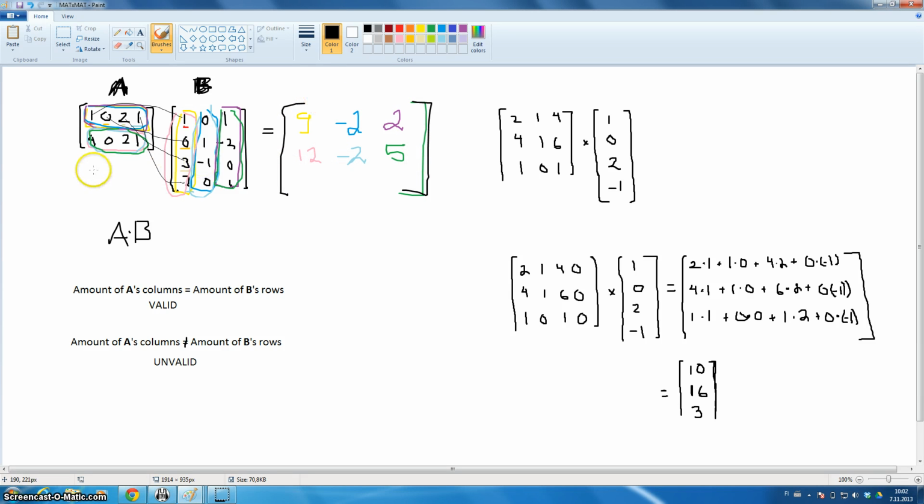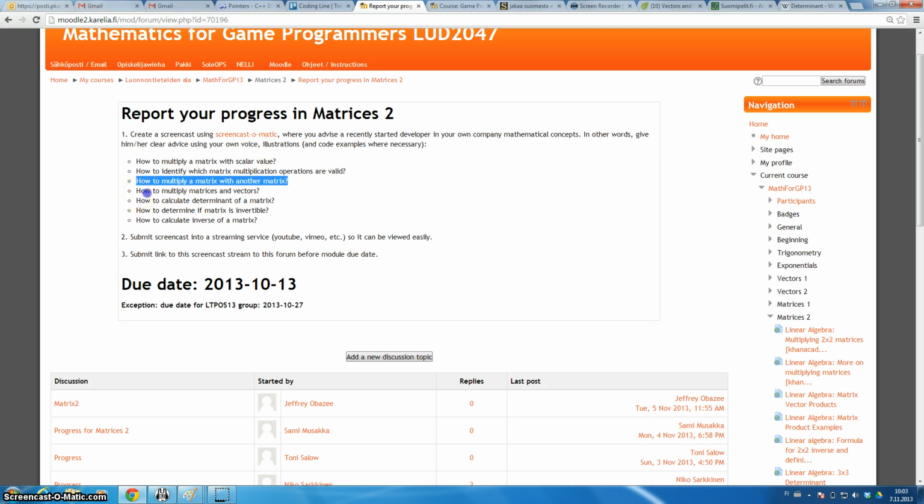As we see, this is a 2 by 4 matrix, and this is a 4 by 3 matrix, so the result is a 2 by 3 matrix.